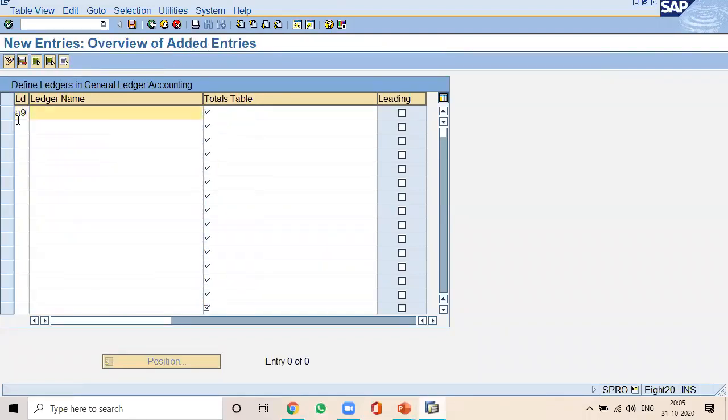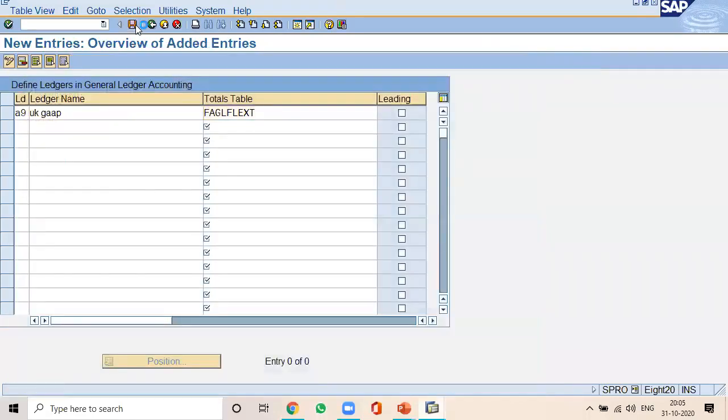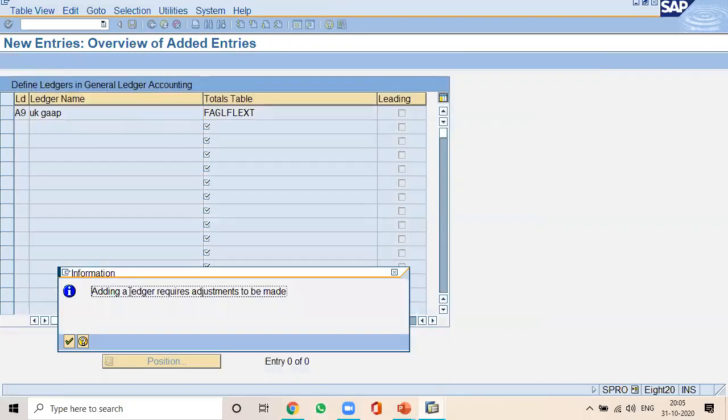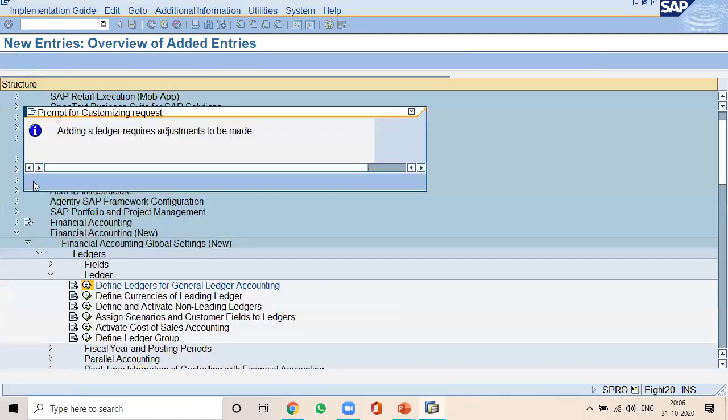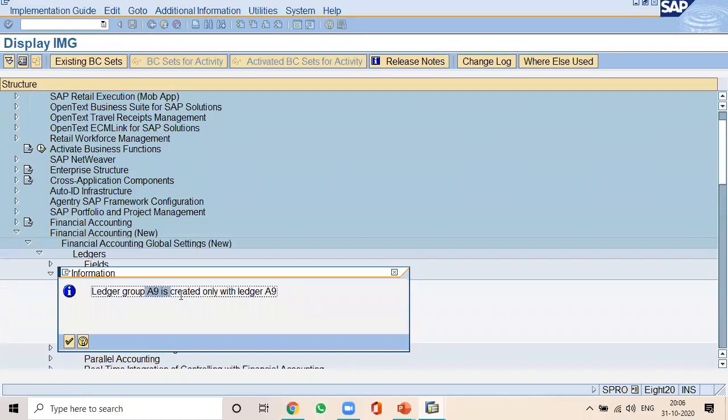Ledger A9, UK GAAP, totals table FAGL_FLEXT, click on save. See, adding a ledger requires adjustments to be done. Just ignore the message. See, ledger group A9 is created only with the ledger A9.